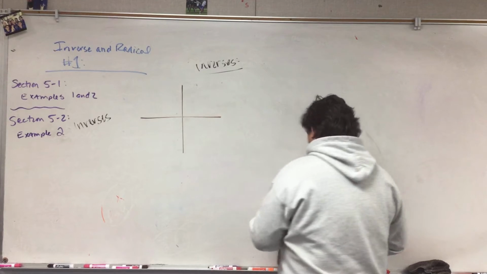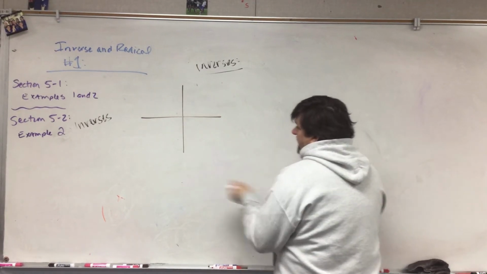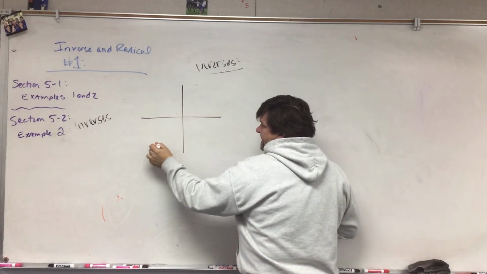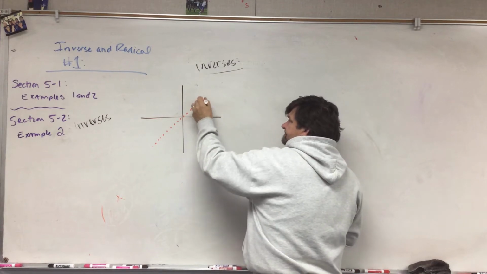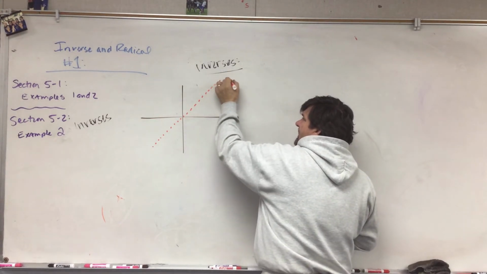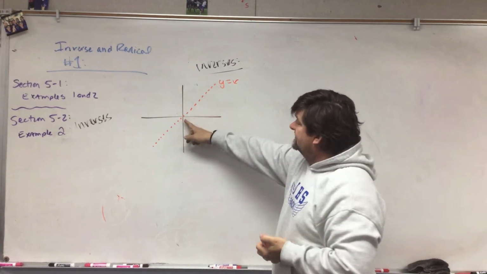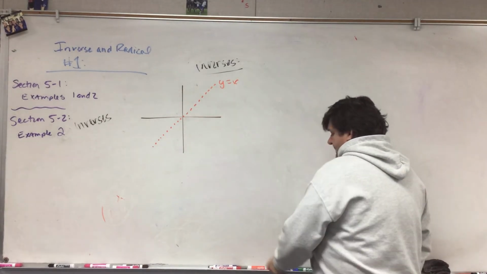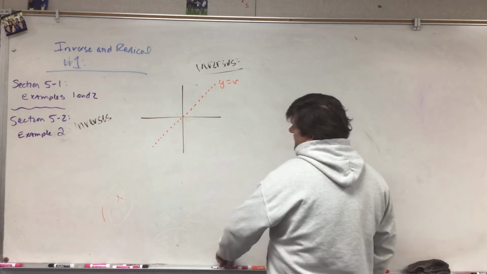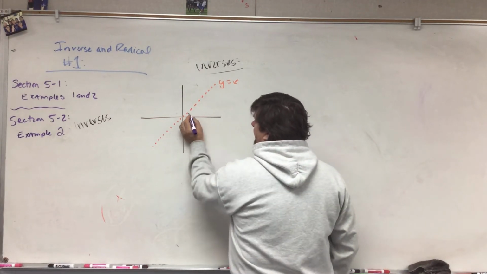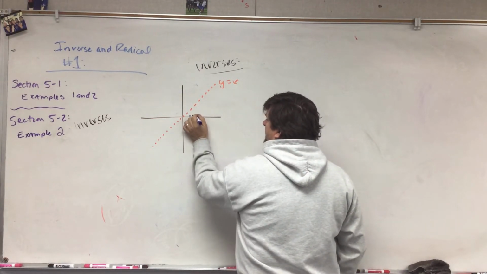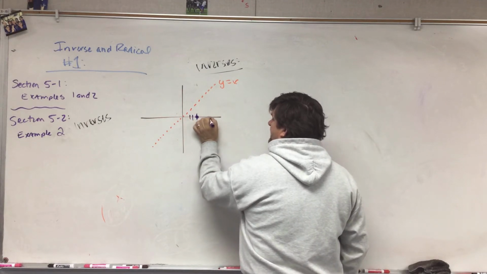If I take a graph and I take y equals x, which is the perfect linear line, 1 over 1 with a y-intercept of 0. And I say I have, let's just say, a point right here of 3 and 0.